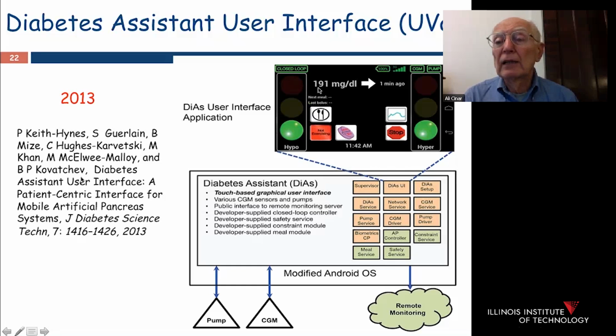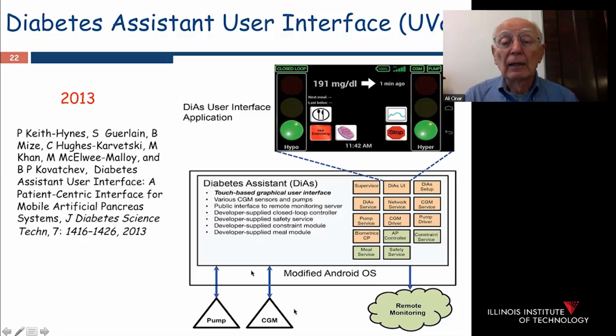And it's a very simple system in terms of the display because it has green, yellow, and red light for closed loop, for the pump, or for the CGM actually to show about the glucose levels. And one can do remote monitoring as well.